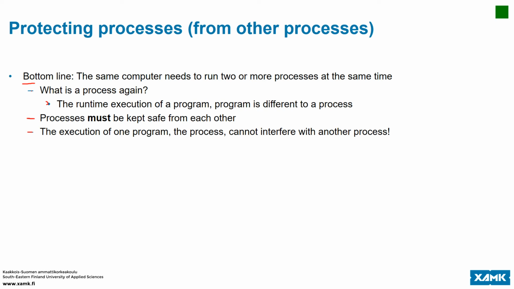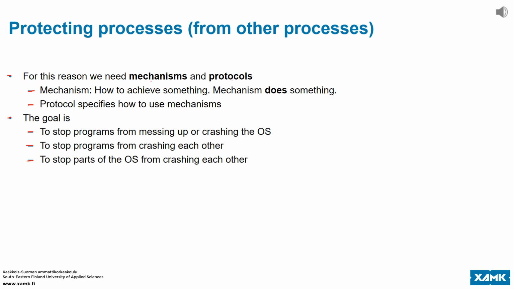And if you recall what a process is, once more, it's the runtime execution of a program. A program is different from a process. Anyway, processes must be kept safe from each other. The execution of one process cannot interfere with another one because, as discussed previously, it could have very bad consequences.